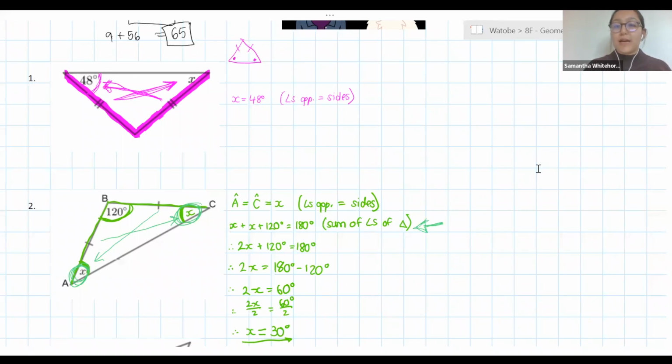So all of that is absolutely fine, but the reason you are dividing by 2 is because angle A is equal to angle C, and you have to make that statement some way. Otherwise, that division by 2 doesn't have any meaning. So your working out is absolutely fine, but somewhere you need to have told me that angle A is equal to angle C because of angles opposite equal sides.